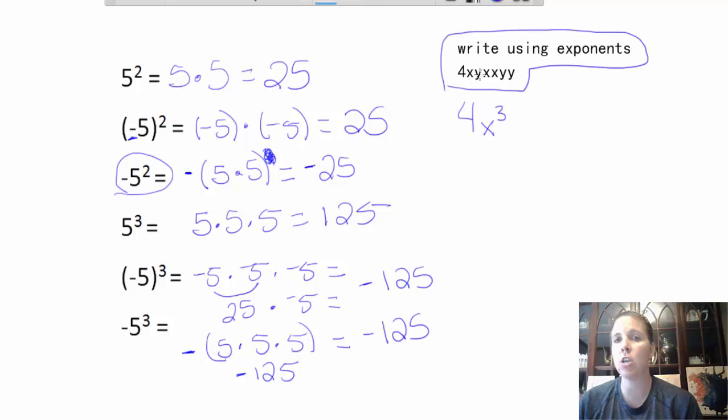So it'd be 4x cubed and y cubed, because these are being multiplied. If they were being added together, if there were 3 x's added together, it would be 3x. Okay? So this and this are the exact same thing. It's just written differently. This is written with exponents. This isn't. It's just a different way to write it.